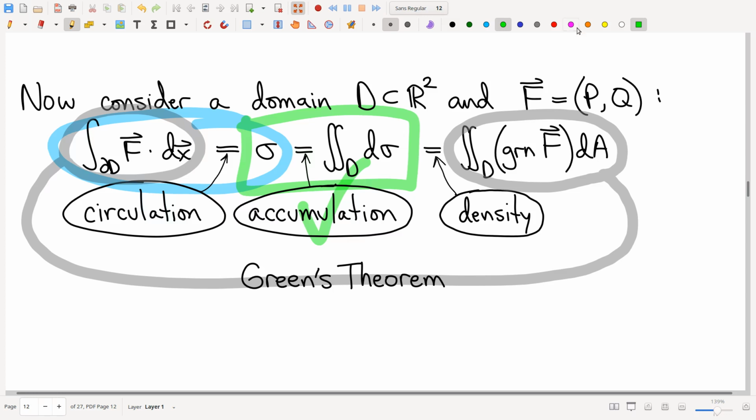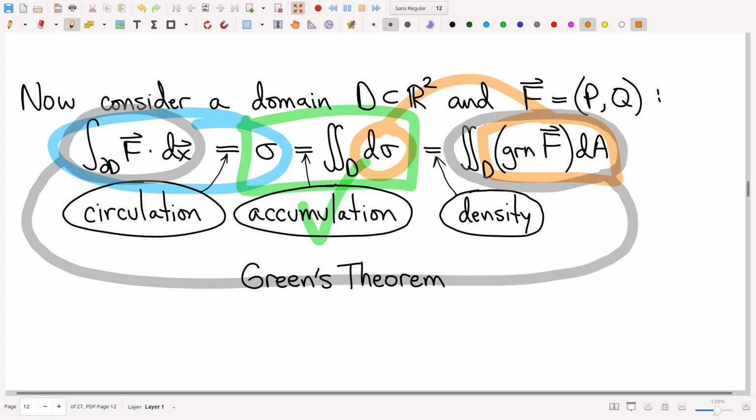And then lastly, we have this idea of a density. Keep in mind, if you have a certain amount of stuff contained in a certain amount of area, then the relationship is stuff per unit area, namely density, namely circulation density specifically in this case, and pick your favorite notation.